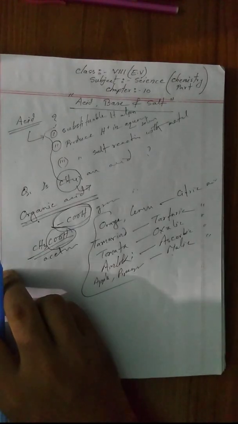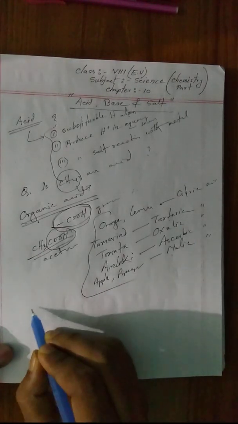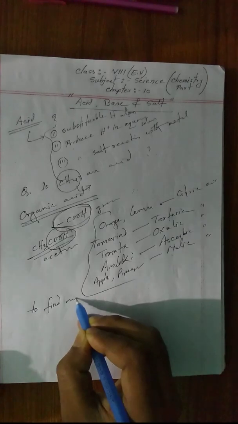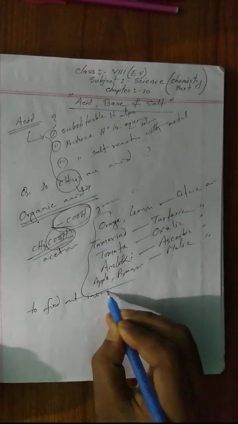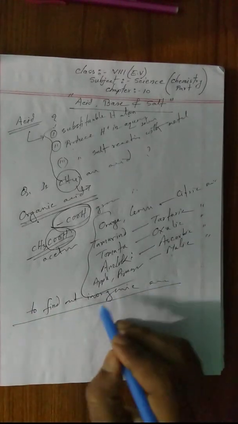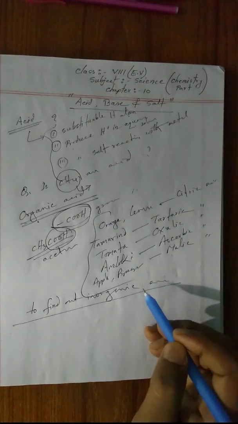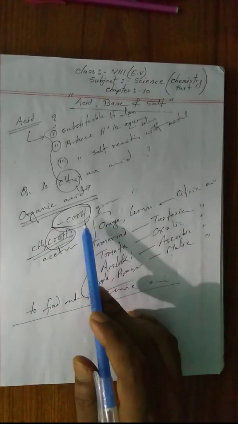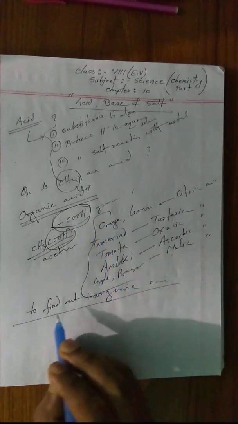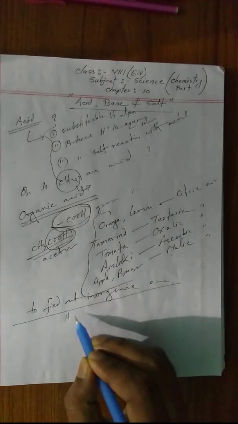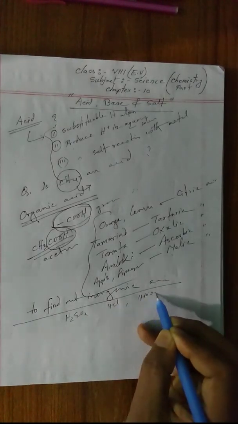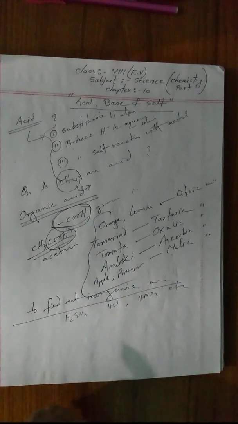But in case of inorganic acid, what is inorganic acid? The acid that doesn't contain the COOH group. Suppose H2SO4, HCl, HNO3, etc. This is inorganic acid.